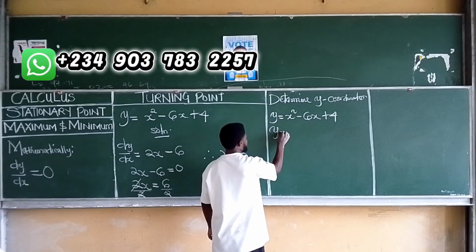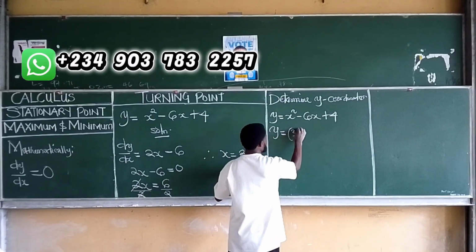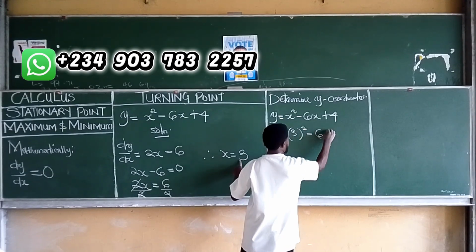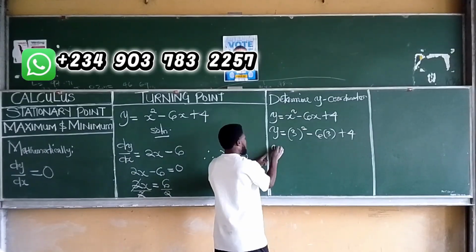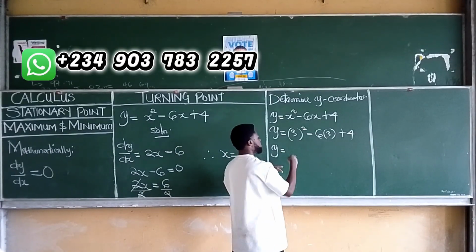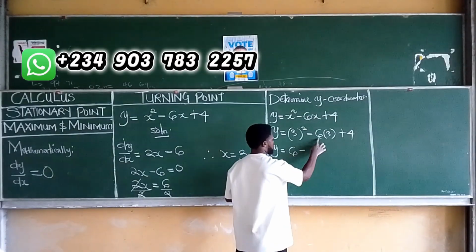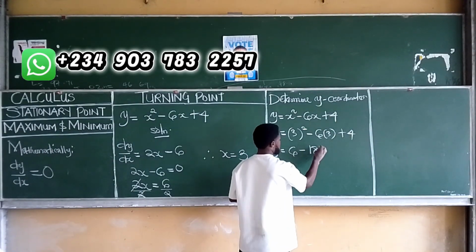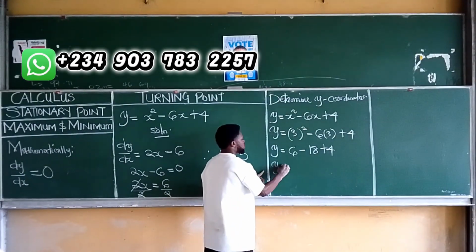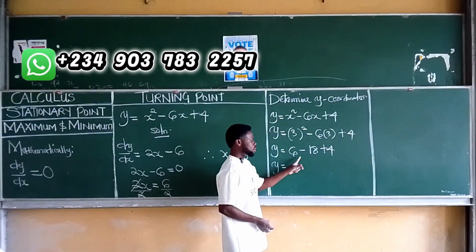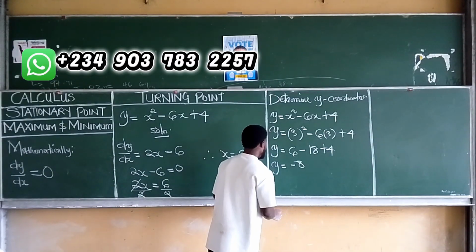And y is equal to, x is 3. That is 3 raised to the power of 2 minus 6 times 3 plus 4. And y is equal to 3 raised to the power of 2 gives 9, minus 6 times 3 is 18, plus 4. Y is equal to 9 minus 18 plus 4, which is minus 5.